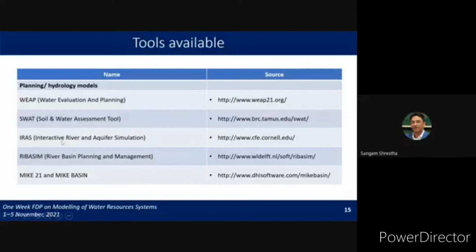There are some other models, such as Interactive River and Aquifer Simulation, River Basin Planning and Management, MIKE 21, and MIKE Basin. Again, some of the models are freely available to use, but for some we have to pay.